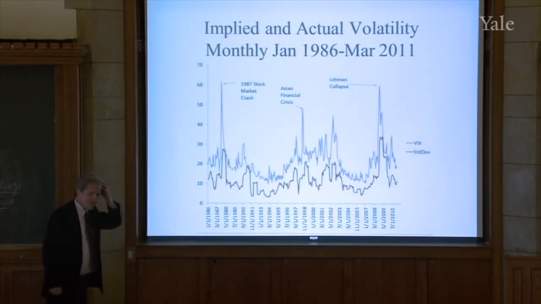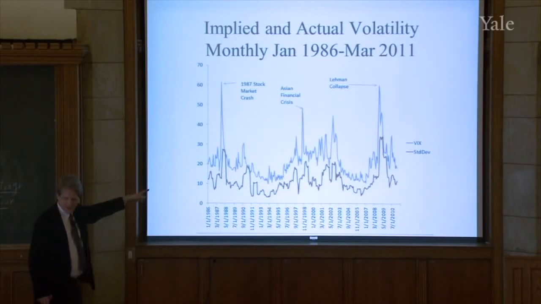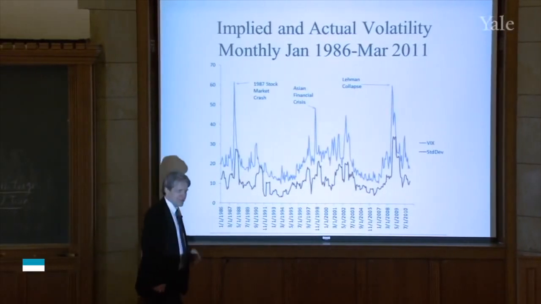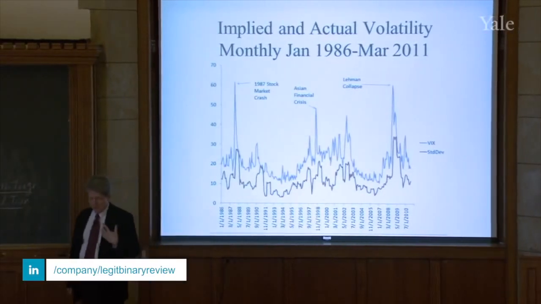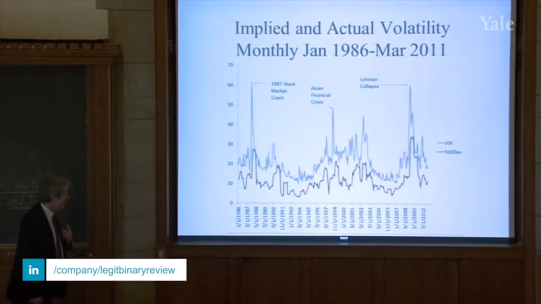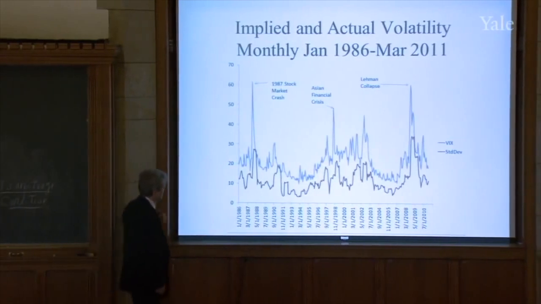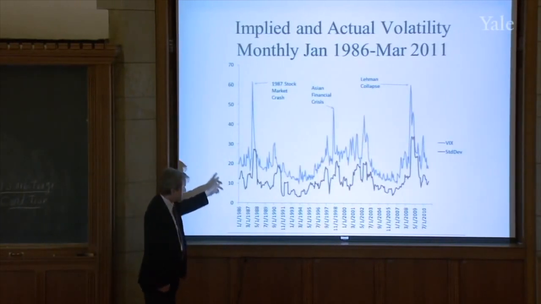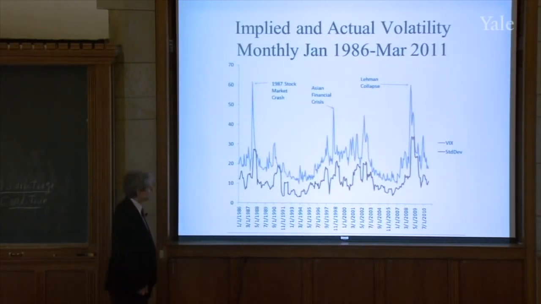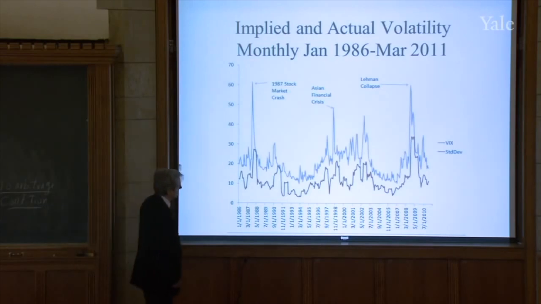When the CBOE was founded, they didn't know how to do this. Black and Scholes invented their equation in response to the founding of the CBOE. And now the CBOE publishes the VIX. You get on their website. That's where I got this, off their website, cboe.com.